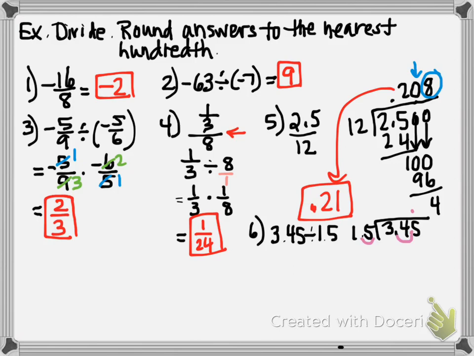15 goes into 34 twice, which is 30, with 4 left over. Bring down the 5. As long as my difference is smaller than my dividend or my divisor, I'm good. 15 goes into 45 3 times. Ooh, boy, that doesn't look right, does it? Let's move this guy, and we'll put him over here.